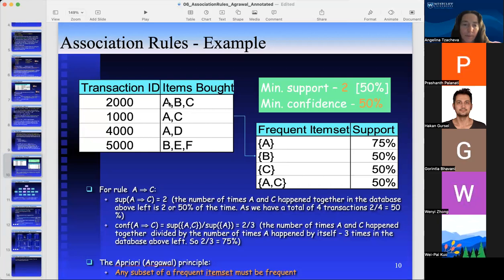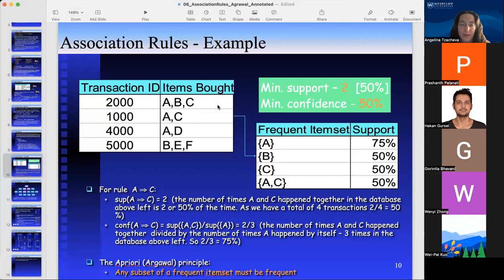So A is happening 3 times, 1, 2, 3, out of 4 transactions. That's why A is happening 75% of the time. B is happening in 2 transactions, 2 out of 4, that's 50%.